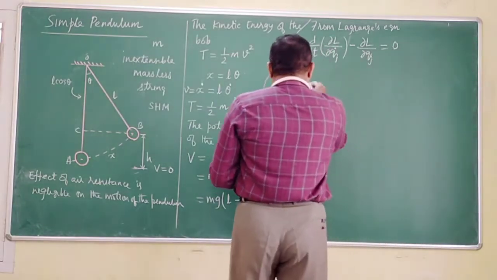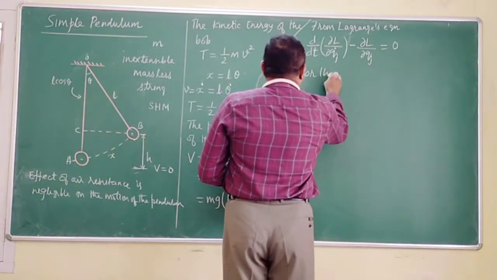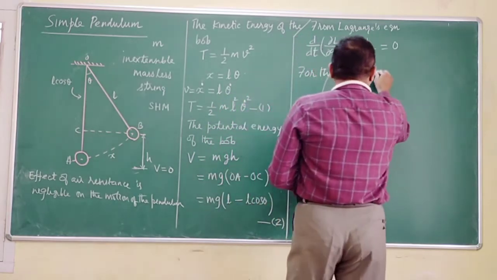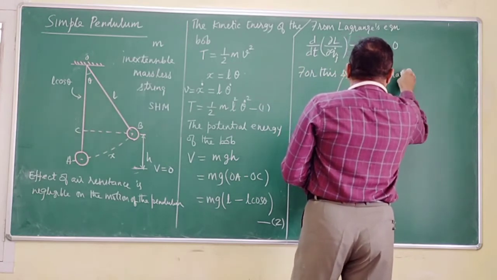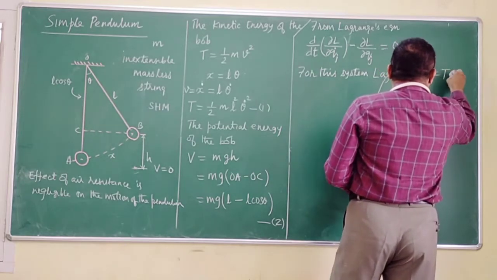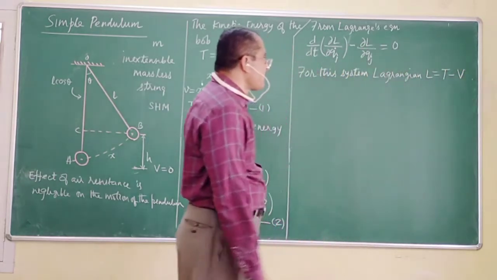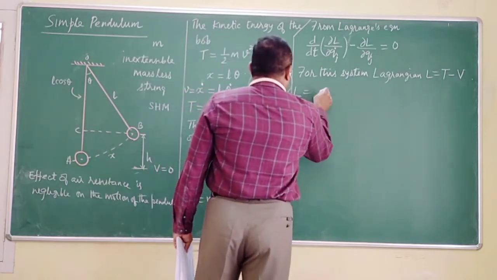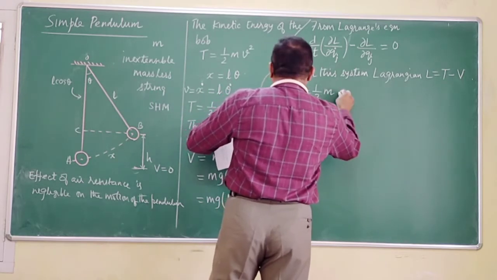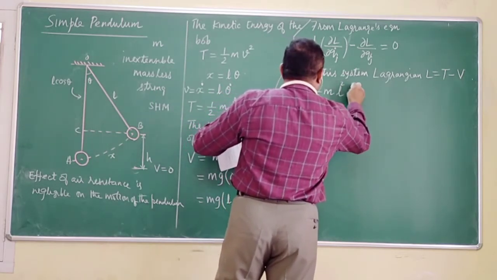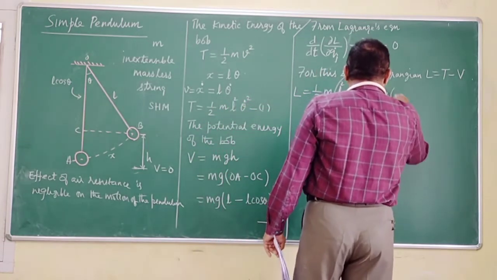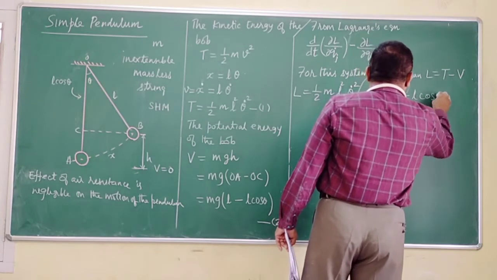So for this system, Lagrangian L is T minus V. Therefore, you write L is equal to T, half m l squared θ̇ squared minus mg into l minus l cos θ.